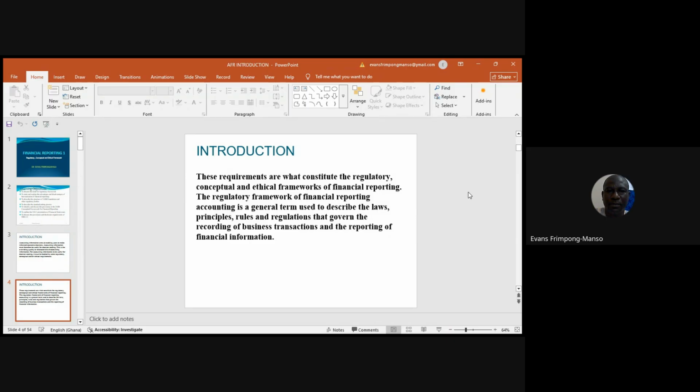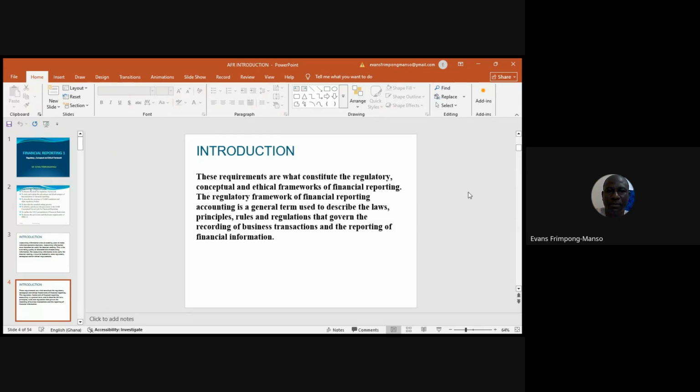So the regulatory framework describes the laws, the principles, the rules, and the regulations that govern how businesses record transactions and then report on those transactions.